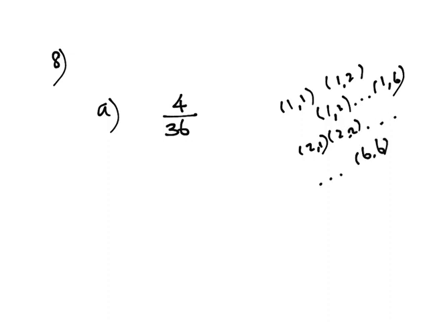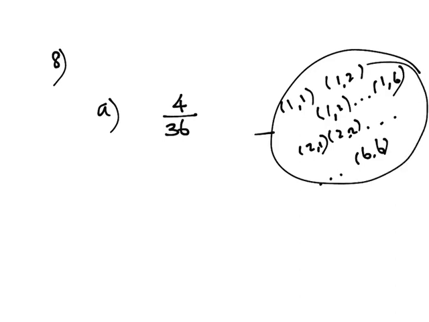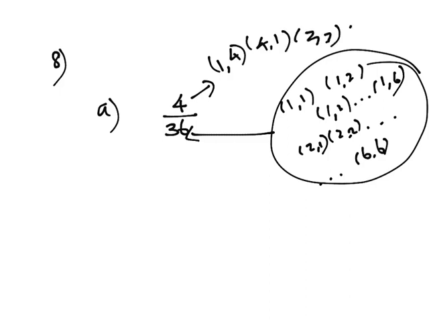So there are 36 possible outcomes, out of which there are 4 favorable outcomes. What are these 4? 1 4, 4 1, 2 3, and 3 2. So these 4 outcomes will give a total of 5, in which case she will win the prize.